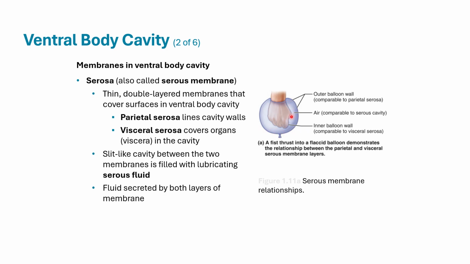So that's the cavity. The inner wall of the balloon is comparable to the visceral serosa that covers the organs inside the ventral body cavity. So a fist thrust into the flaccid balloon demonstrates the relationship between the parietal and the visceral serous membrane levels. Okay.